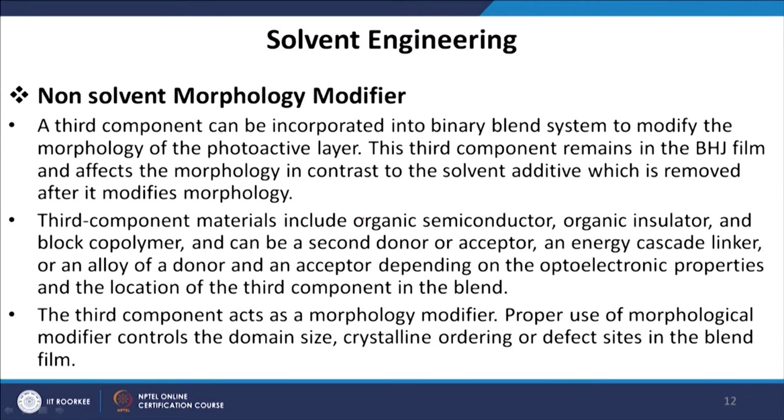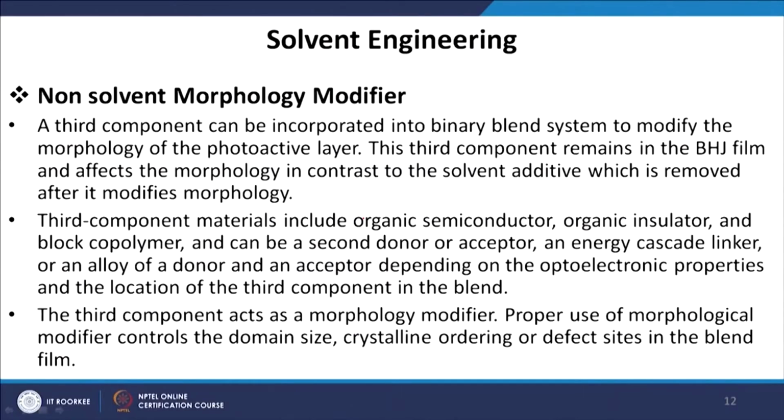A third component can be incorporated into a binary blend system to modify the morphology of the photoactive layer. Let us say I use chloroform as the solvent and I use some additive, because I know that chloroform vaporizes very rapidly, so to get a larger crystal grain I have added an additive.